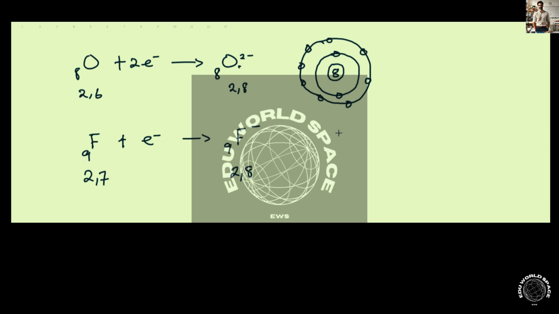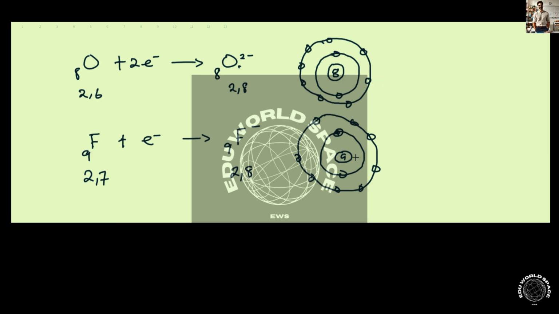And for fluorine, it's going to be like this. You have 9, and then 2 electrons, and then 8 electrons as well. Please pardon my drawing.